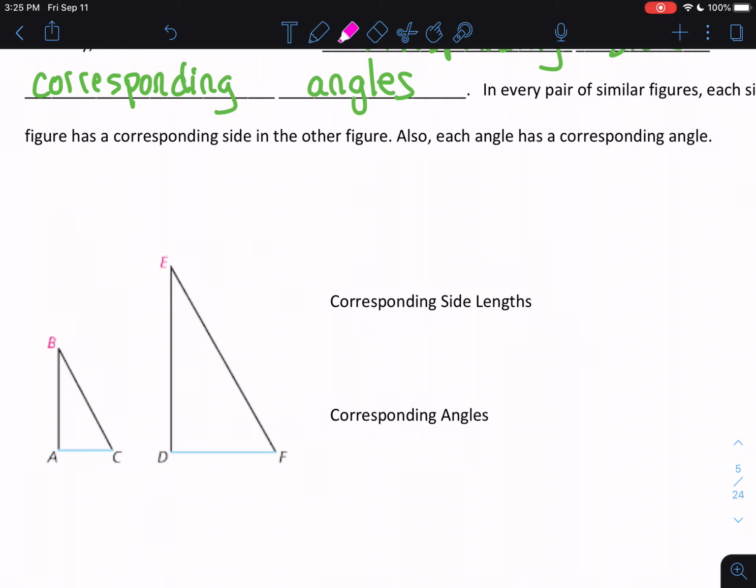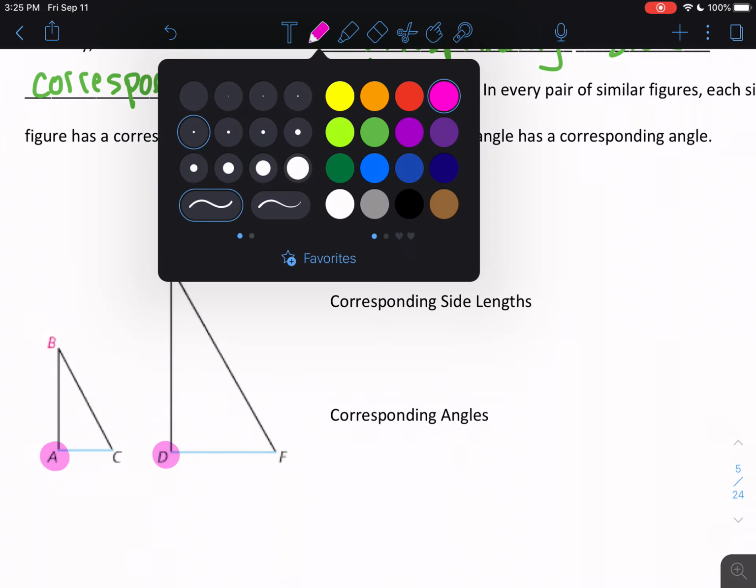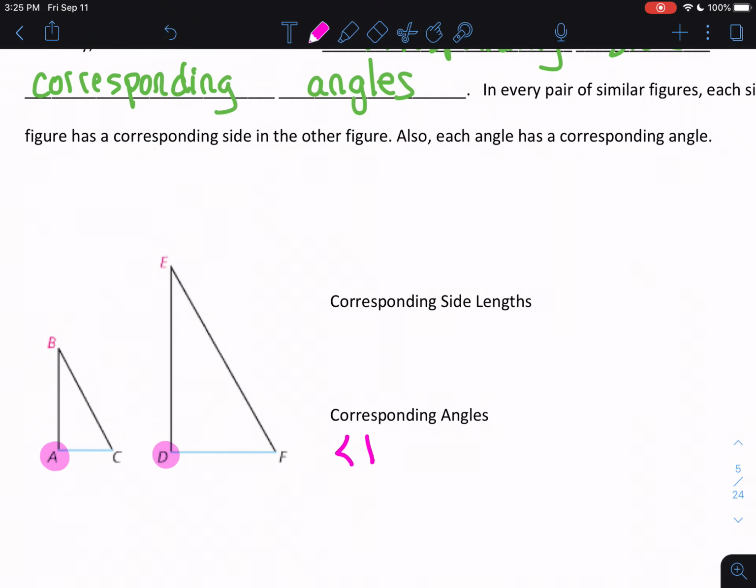So I see an angle that looks an awful lot like a right angle, and that would be angle A and angle D. So those are our first corresponding angles that I'm going to write, angle A and angle D. So I'm going to pick a different color highlighter. Let's do orange. And then I see a slightly bigger angle, C, and that looks an awful lot like the same size as angle F. And so those are also corresponding angles. So in orange, angle C and angle F.